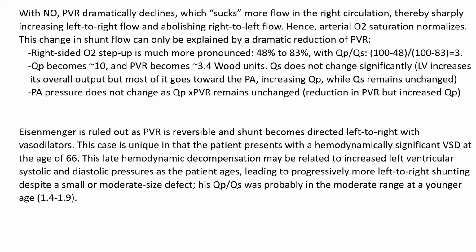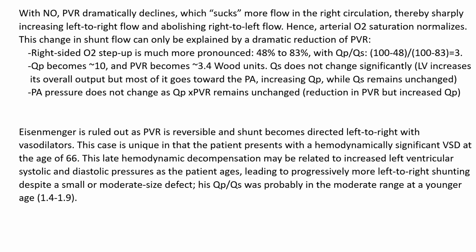Okay. All right. It's an unusual case. This is rare. Most VSD you see in adults are typically small, insignificant VSD with no hemodynamic compromise. Unless they have caused a problem in childhood, they don't cause problem in adulthood. This is an unusual case where you had a moderate VSD that was probably not significant in this patient for most of his life. He's 66 years old. It's very rare for VSD to manifest as significant at this age.